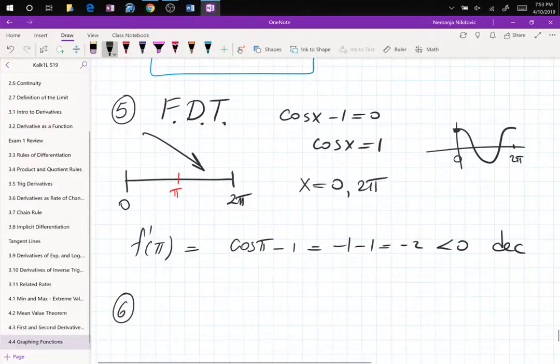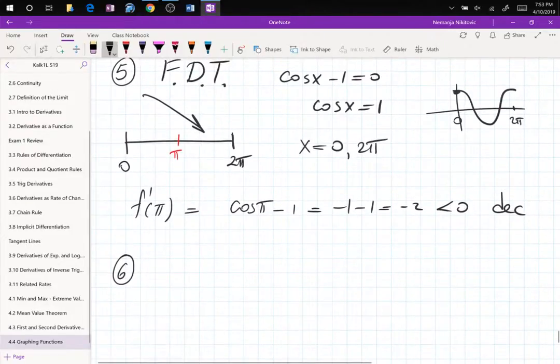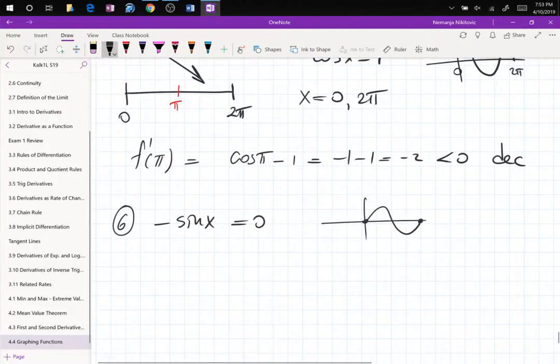Now number 6, second derivative, that's negative sine x. Set that equal to 0 and you are going to get sine x equals 0, so x equals 0, pi, and 2 pi.